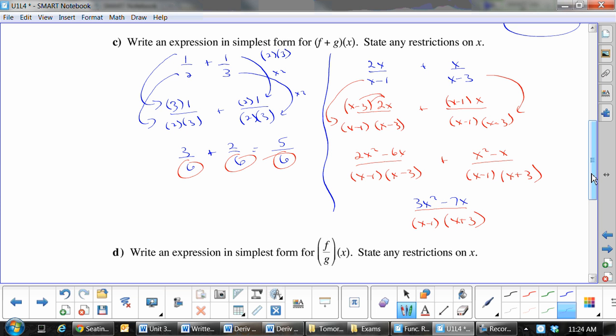Now really, if you technically wanted to factor it a bit better, you could take out an x: 3x minus 7 all over x minus 1, x minus 3. I do recommend doing that step, because sometimes when you do that, we have a cancellation of top and bottom. I want to see, would you go one step farther?